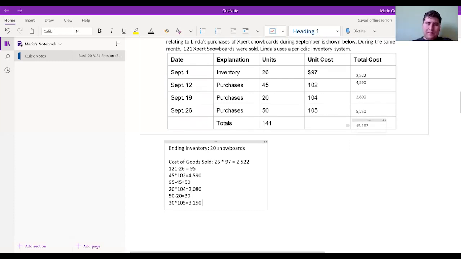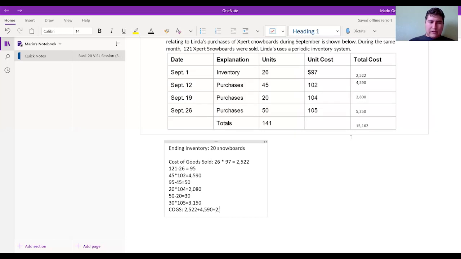We can either add all this up, or we could just look at the total cost. Actually, we're still going to have to add all this up. So the cost of goods sold is going to be 2,522. Add that to 4,590.